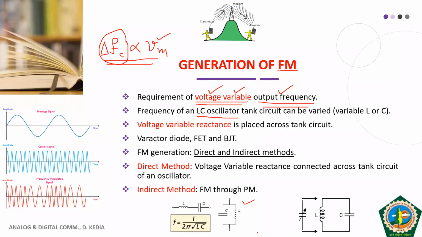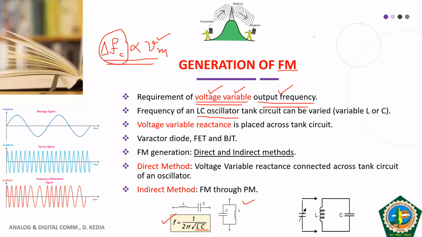That also consists of an inductor and capacitor. Fine. So we all know that the LC oscillator circuit generates a frequency F, which is defined as 1/2 pi under root LC. So depending on the value of inductor and capacitor, we generate a given frequency. I hope all of you remember that F is equal to 1/2 pi under root LC.